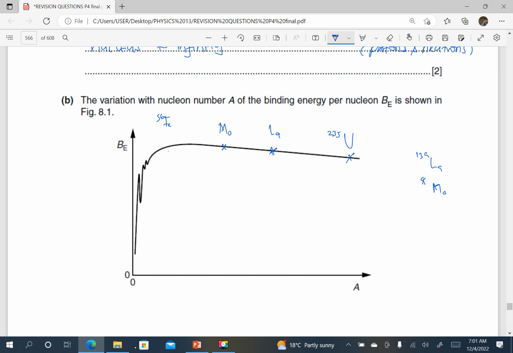So we have finished labelling. Remember at the peak here you have iron-56, 26, because iron is actually the one with the highest binding energy. So iron should be almost there.